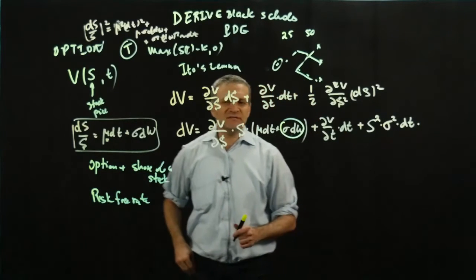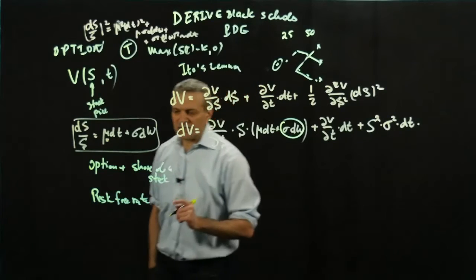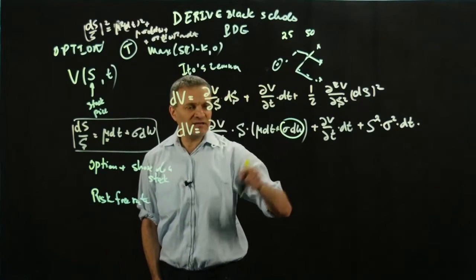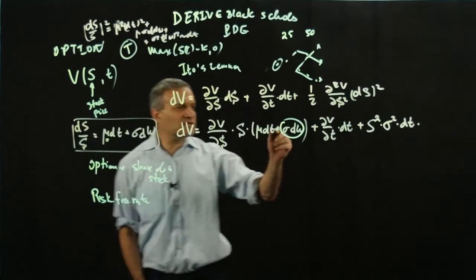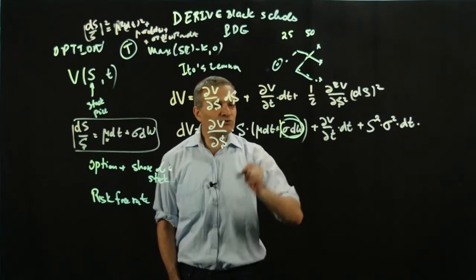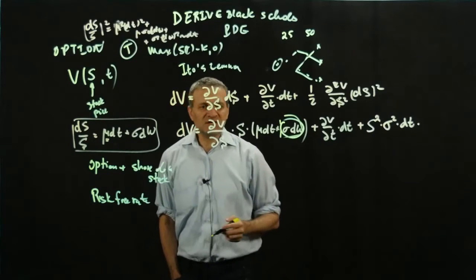Now, how do you eliminate randomness? Well, that's the trick. The trick here is to consider a portfolio which will kill this term. How do you kill it? It's actually easy peasy.